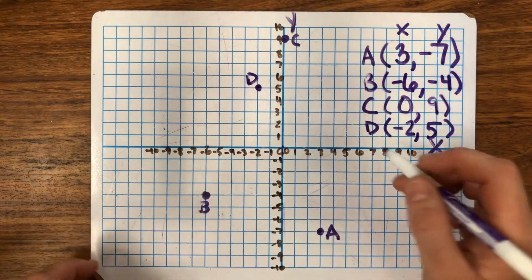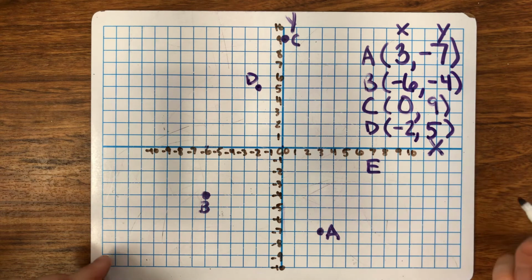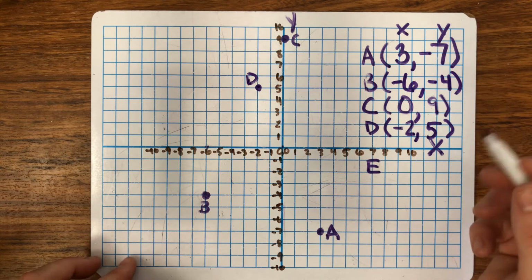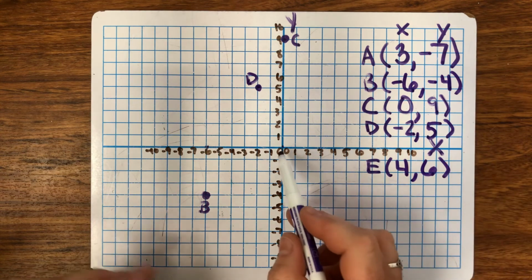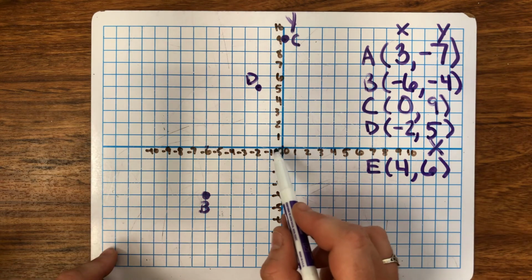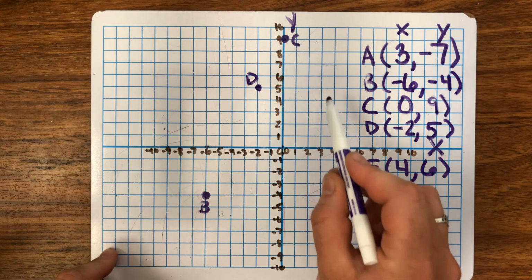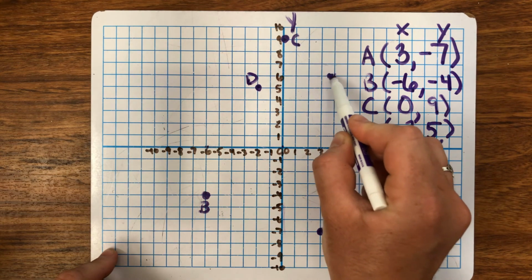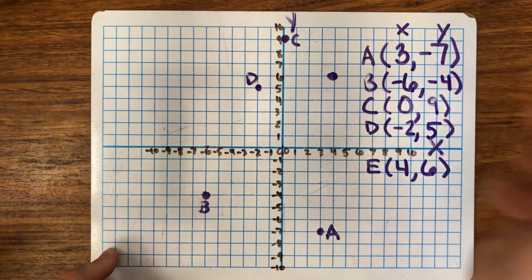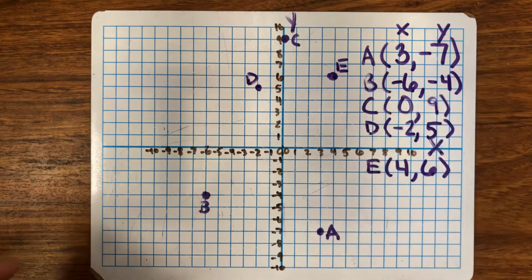And then let's do one more, point E. Let's do 4, 6. So just like a regular one, start at the origin, over 4, up 6, right there. Oop, not really on the line too much. And that's point E.